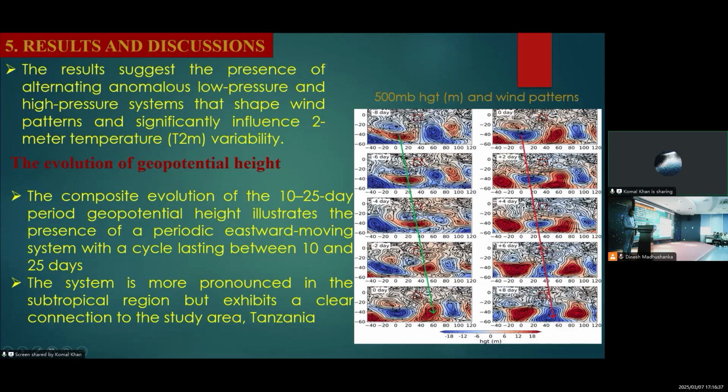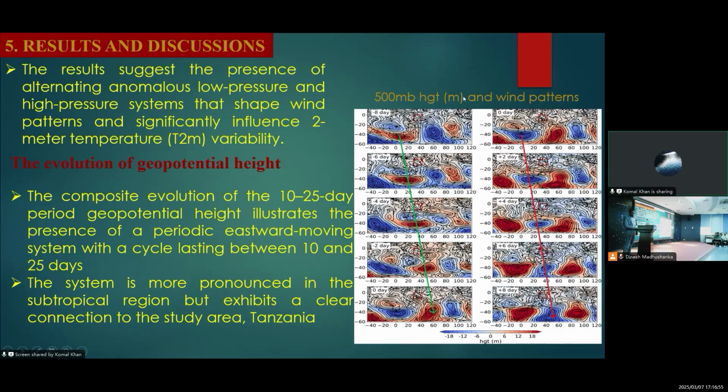So we can see anomalous movement of high centers from west to east, and it shows that it is moving with a time scale of 10 to 25 days.